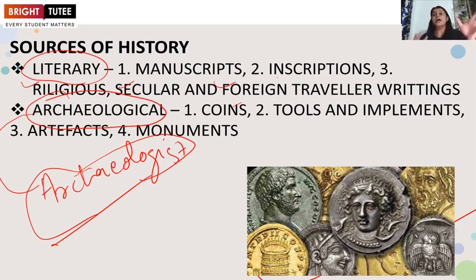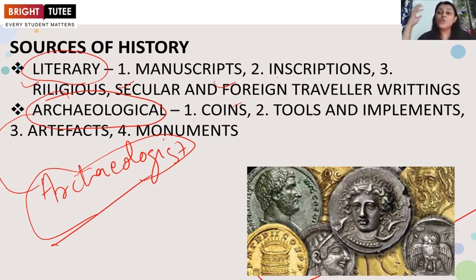That there must have been some trading relation. Or it can also indicate that the region or the empire stretched till the southern part of India. So that is the work of archaeologists who find out about it.